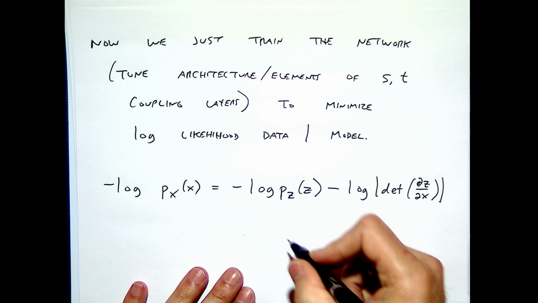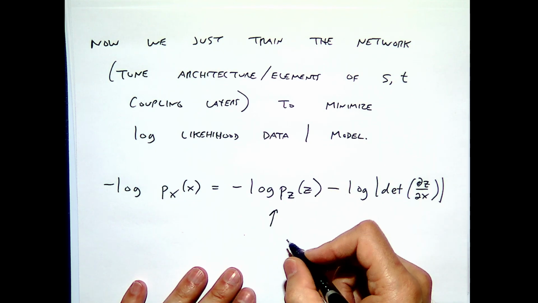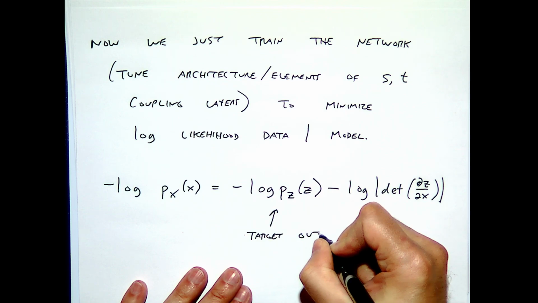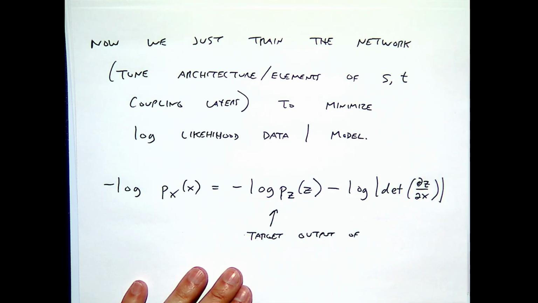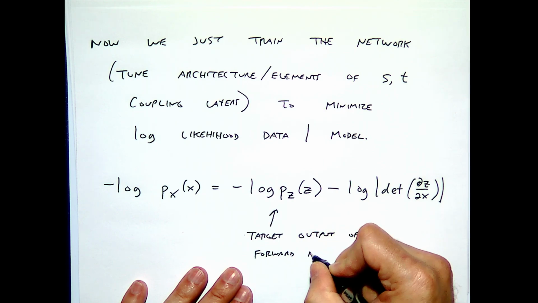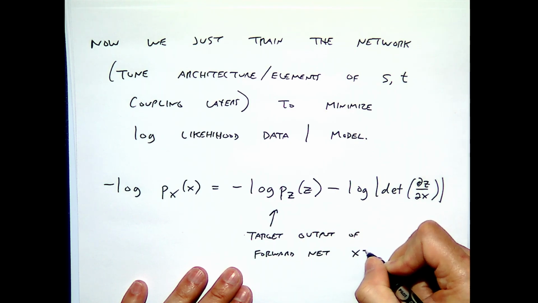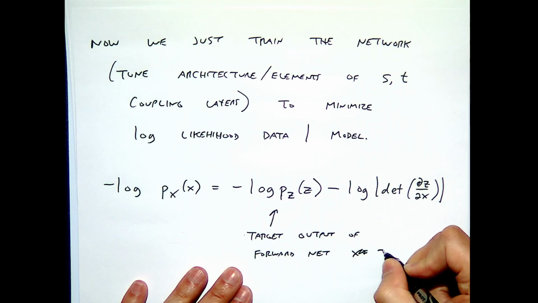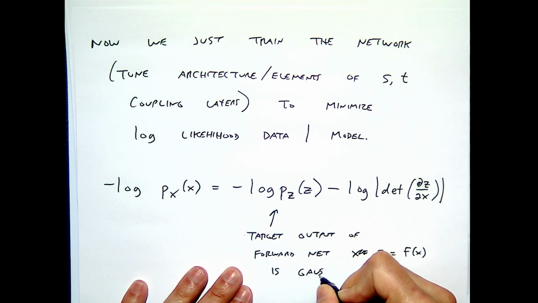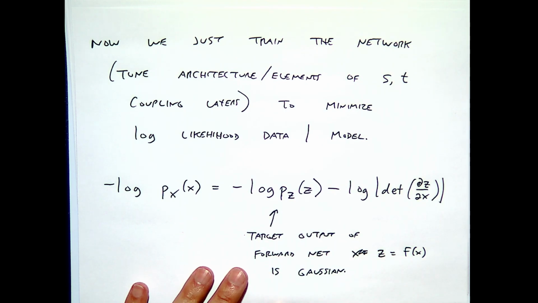So what I'm thinking about is that the target output of the forward network, Z equals f of x, is Gaussian.